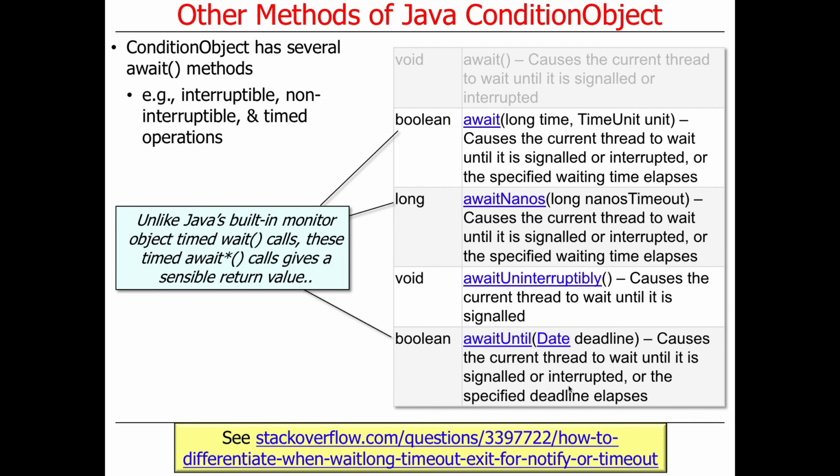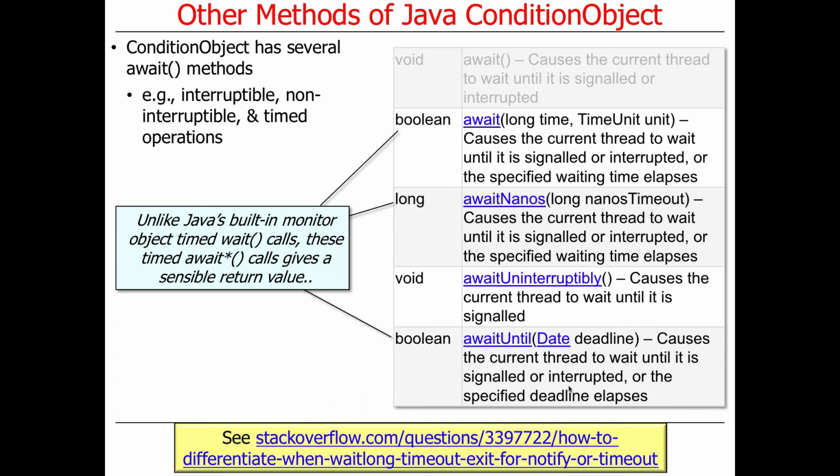And you can also await until some deadline, which is a little bit different, because you say, don't wake me up until this time expires, whereas these say, put me to sleep for up to this amount of time. Sort of variants of the same concept, but slightly different. And you could take a look at this link to find out some discussions about waiting for things.